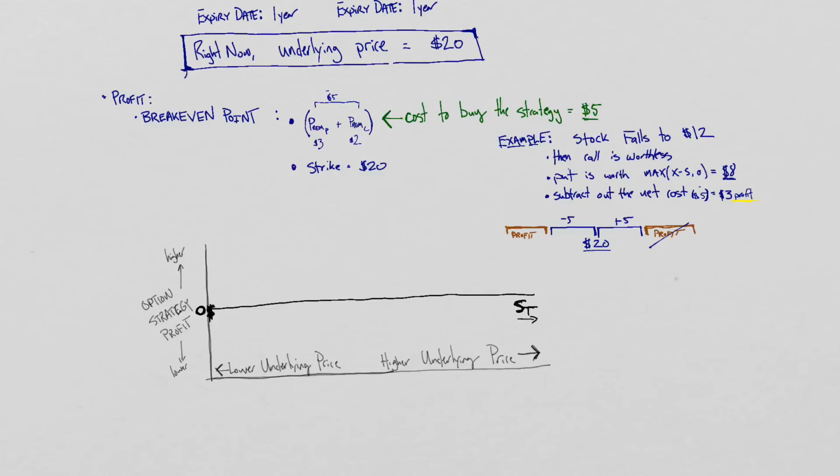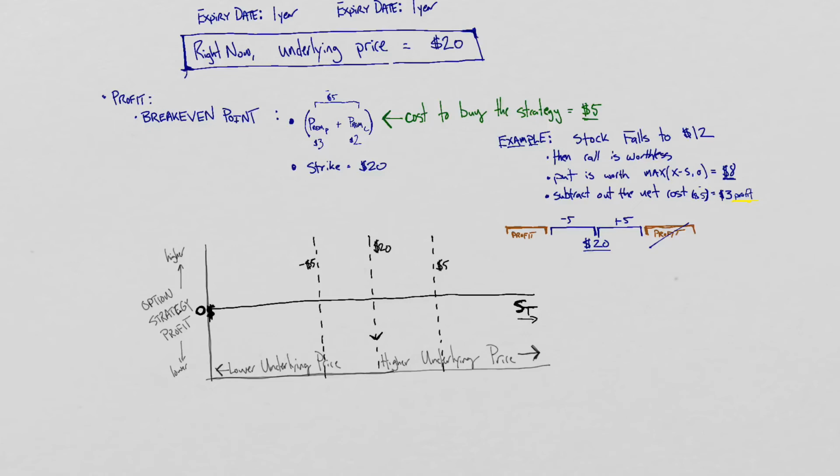Your strike price is still, we can plot that here, $20, but your break even is, if it moves beyond $5, as we calculated above, or if it falls by at least $5, then we're golden. As long as it moves outside of that range, then we'll make money. Otherwise, we're out the cost of the premium.